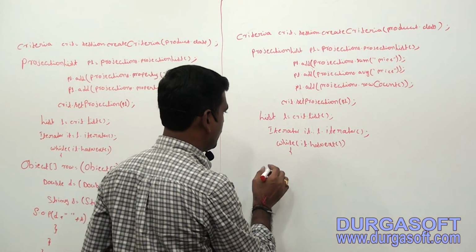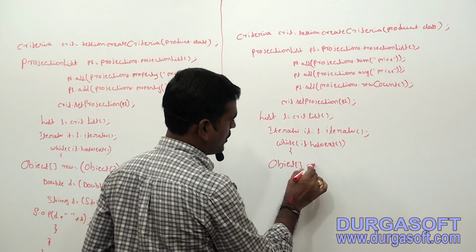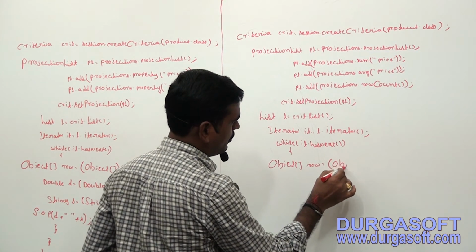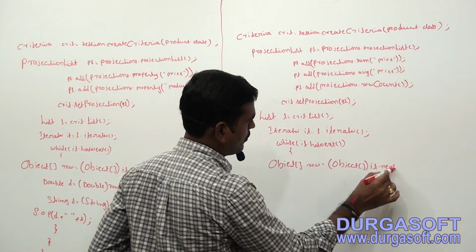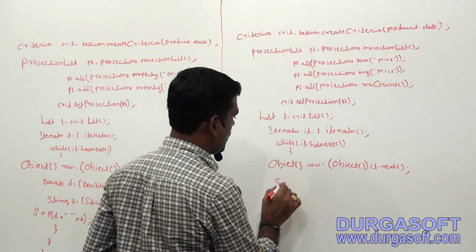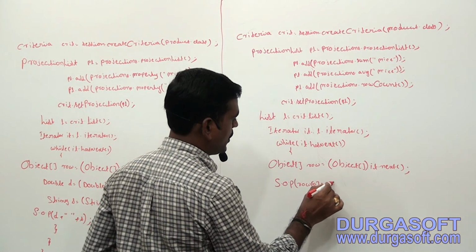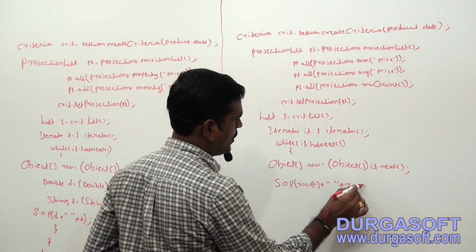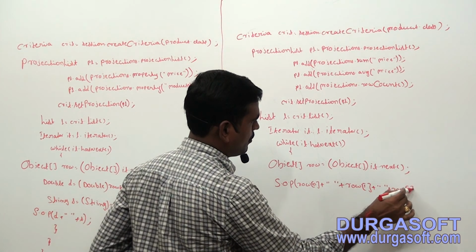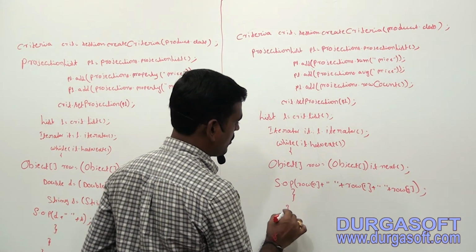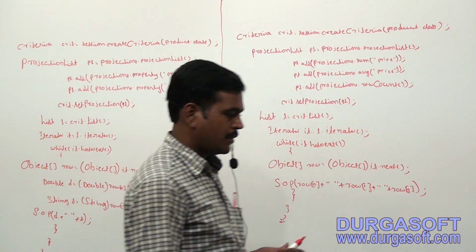Now here after that, Object array row is equal to it dot next. The next, system dot out dot println row of 0 plus row of 1 plus row of 2. Close. Right. Now I'll show one example.